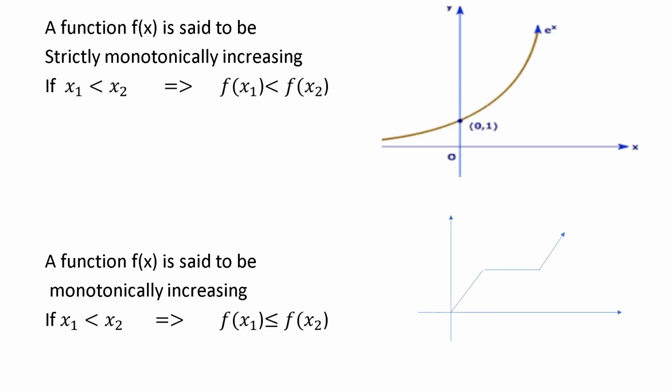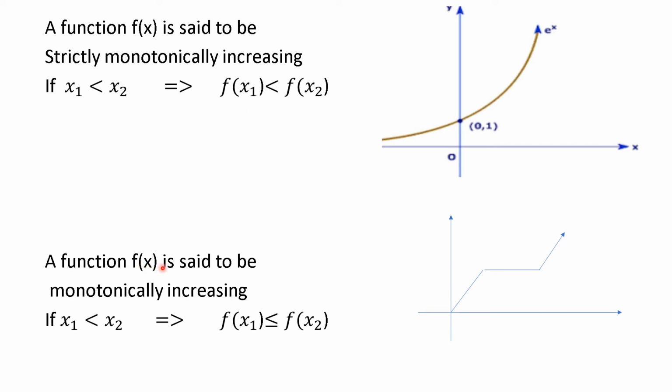Now let us see the mathematical definition of monotonically increasing functions. Take any function from the set of real numbers to the set of real numbers, or any interval I in the set of real numbers. A function f of x is said to be strictly monotonically increasing if x2 is bigger than x1, then f of x2 is also bigger than f of x1.